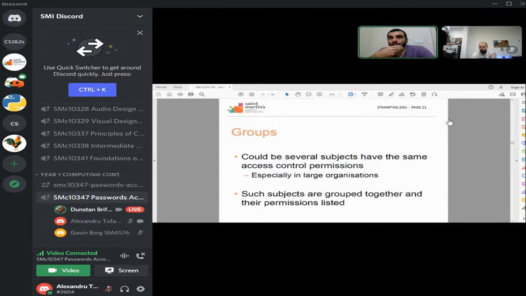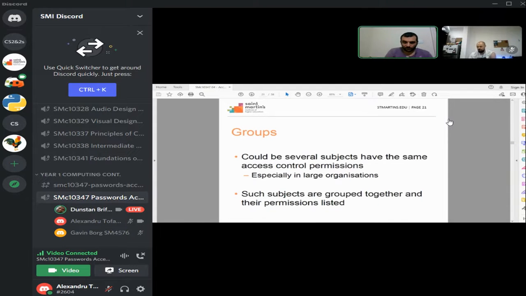Setting the rights individually for the 100 students is something which is laborious, something which is inefficient. Okay, so this is where we get this idea of the groups. So instead of setting the rights for 100 different people, 100 different subjects, we form a group, we define the rights of that group, and then it's just a question of linking people to that group. Right? So for example, if we look at our school, we've got students, lecturers, and then the academic staff.